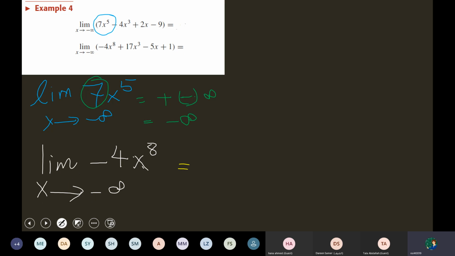It will be negative sign, okay. Then negative infinity, and the negative raised to the power 8.